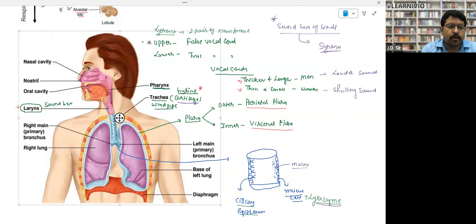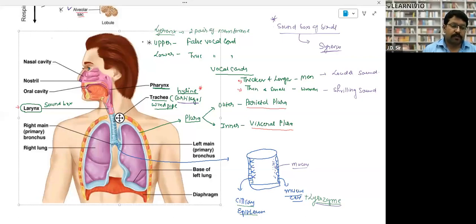Upper pair is called false vocal cord and lower pair is called true vocal cord. Full stop.